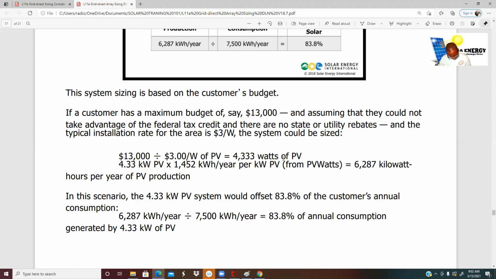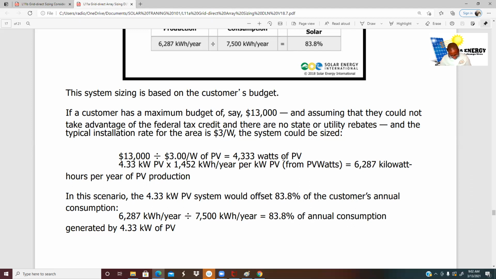Budget divided by installation watts price. Price of installation watts, you can say. For us, it is $2. And that will give us our watts PV.